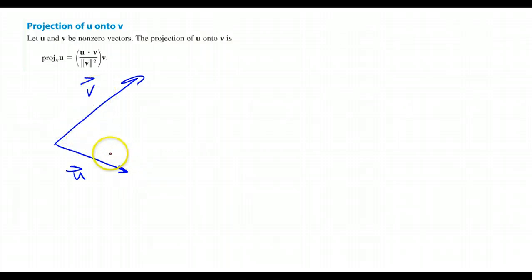And what that looks like is this vector right here that I go out to, such that that's perpendicular right there. So this is the projection of u onto v. You see, here's the vector v, and this is the shadow that vector u would make onto v.